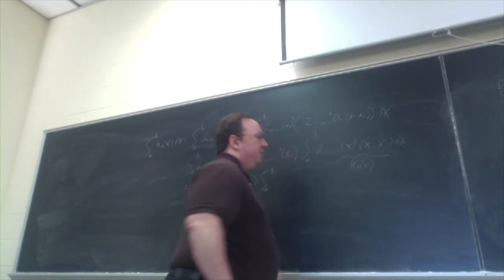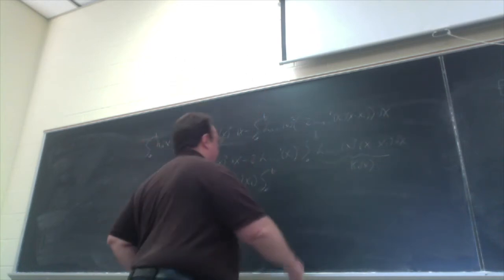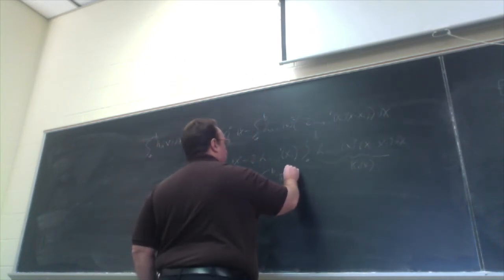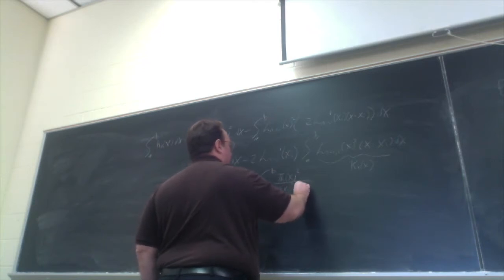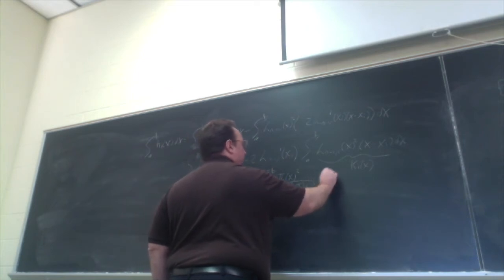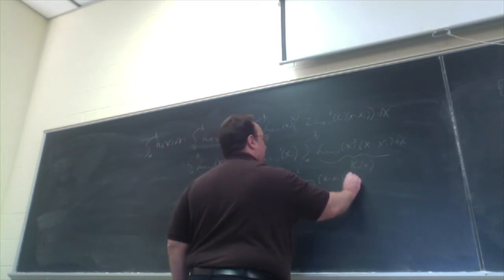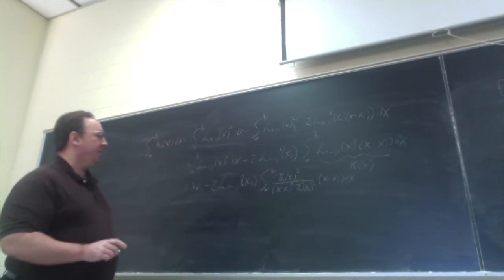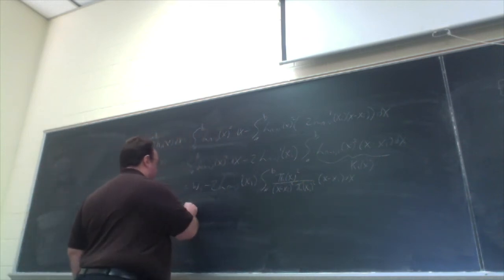Well, actually, I'm going to just fill in our formula from below. So I have pi n of x squared over x minus xi squared pi n prime of xi squared. And then I have x minus xi. Okay.